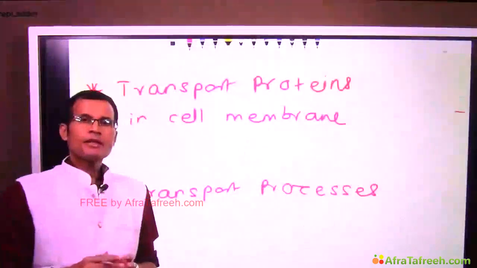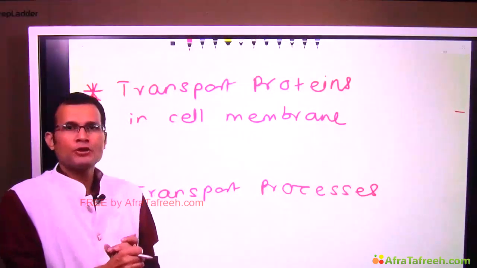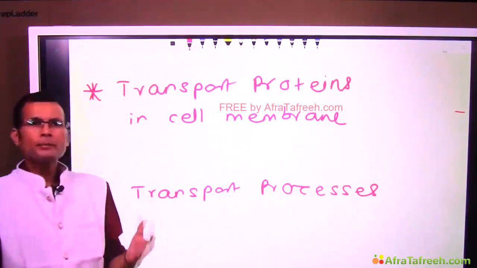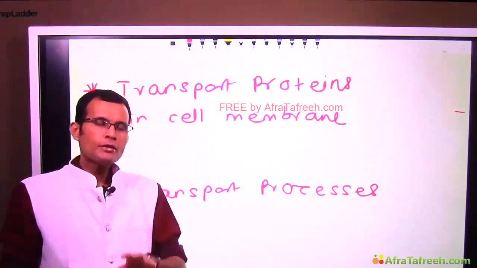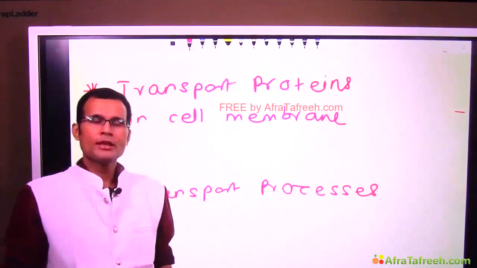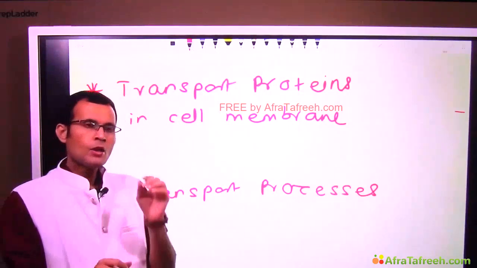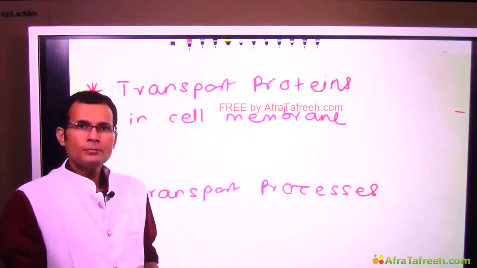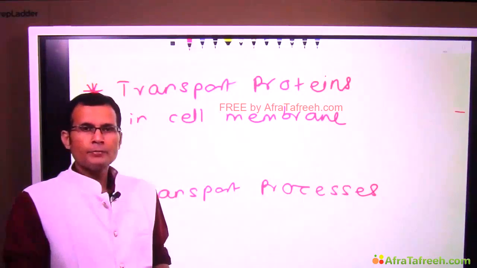In one of the previous sections, we discussed the cell membrane and its composition. We discussed the carbohydrates and lipids in the cell membrane, and then we've also seen the protein composition of the cell membrane. We described different types of cell membrane proteins. One type that I thought should be discussed here is the transport proteins in the cell membrane.